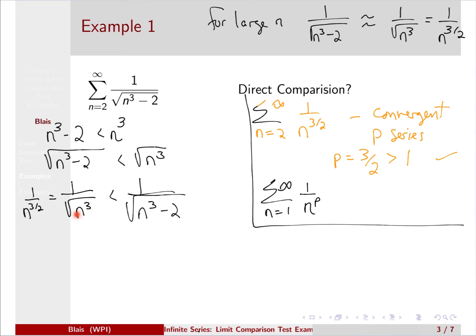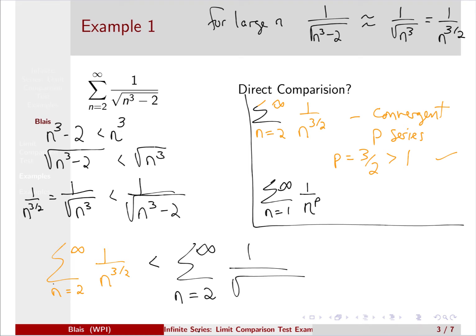But here's the problem. We now have a term that is smaller than the terms from our given series. So it is the case that the sum n goes from 2 to infinity of 1 over n to the 3 halves is smaller than our given sum.